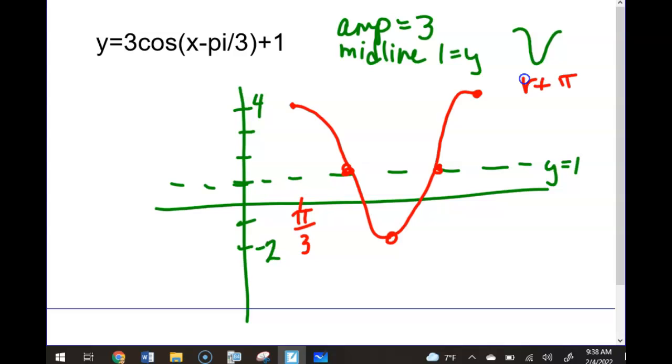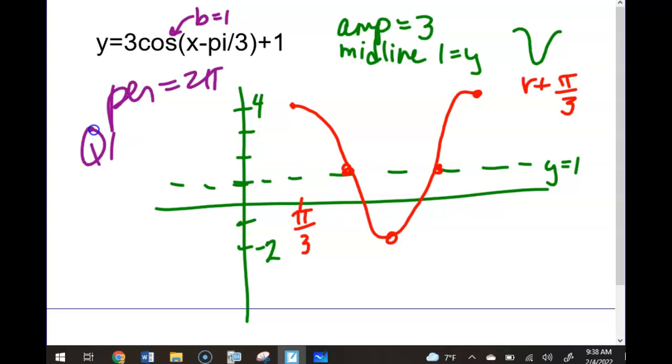Okay. Period. Is there a b value in here? So the period is 2 pi. So the quarter points are adding 2 pi over 4 onto the shift, okay? So if we started at pi over 3, we're going to add 2 pi over 4.